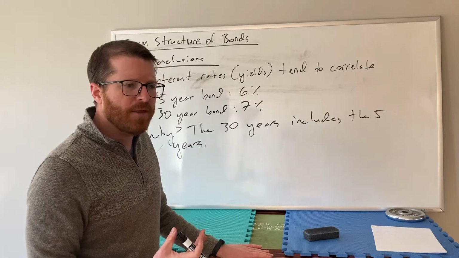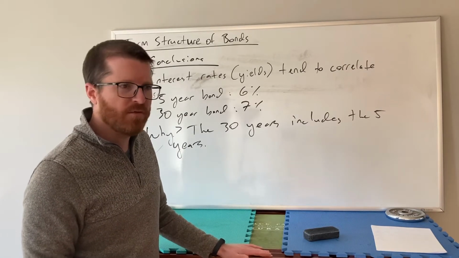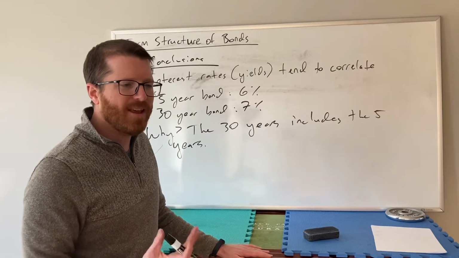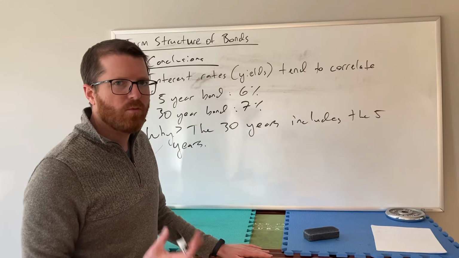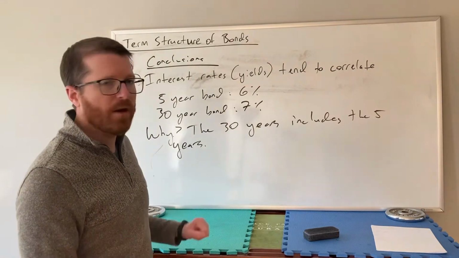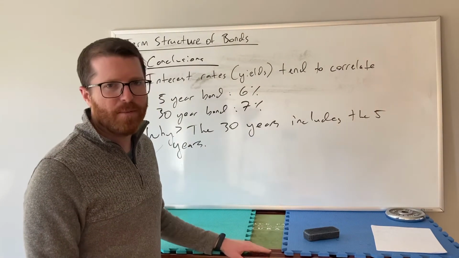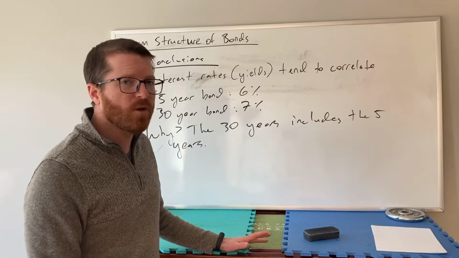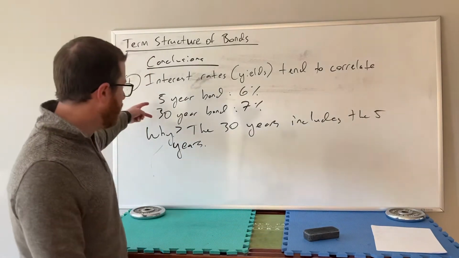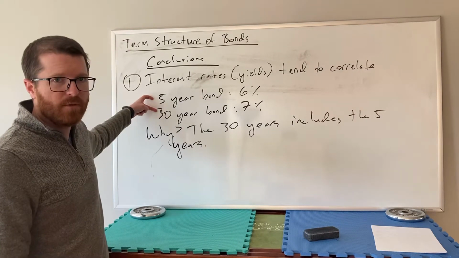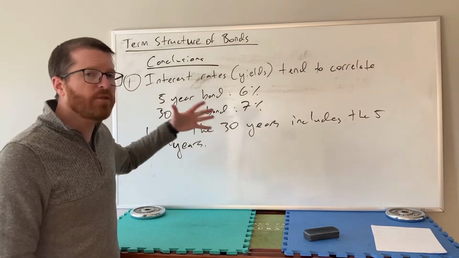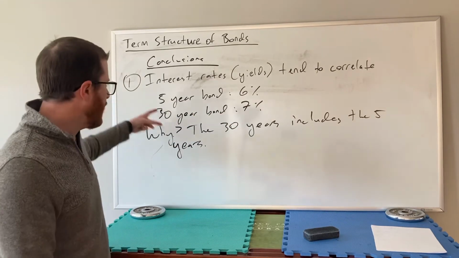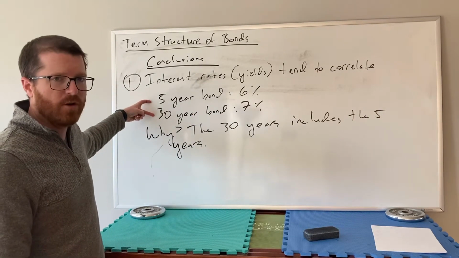And if I think about things like interest rate risk, inflation risk, default risk, those things that I'm concerned about will be a concern for the 5-year period and for the 30-year period, okay? So for example, if I'm concerned that inflation is going to go up, that is a concern that's relevant to both of these. If I'm concerned that interest rates are going to go up in the future, again, that is a concern that I have for both of these terms.